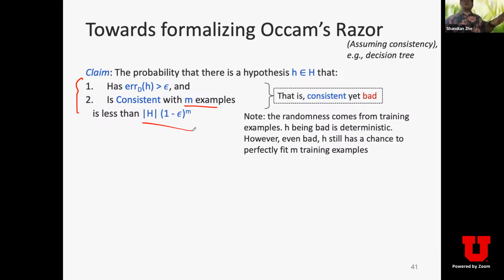I want to make sure everyone is comfortable with this statement. No question? If you feel confused, that's mostly because you feel uncomfortable about such a statement. But the key idea is that this claim wants to give you some characterization. Say you have a perfect learner, meaning you always find a hypothesis with zero training error. Unfortunately, the hypothesis doesn't generalize well.